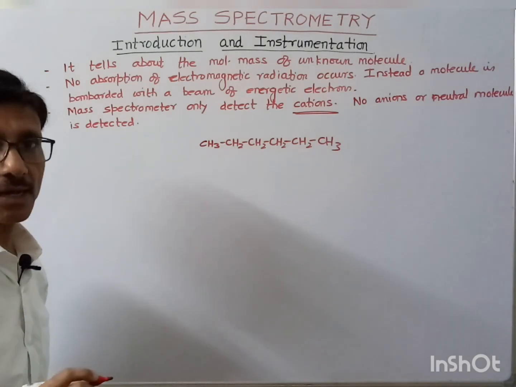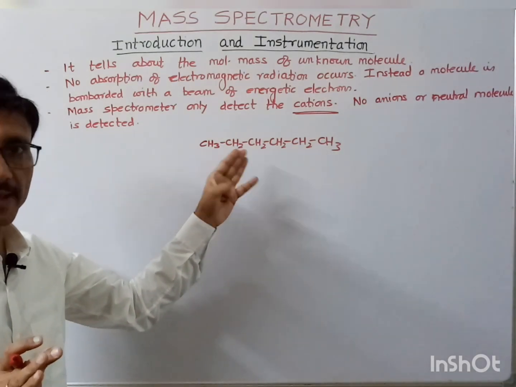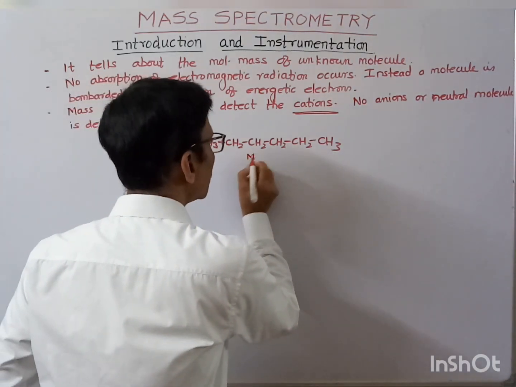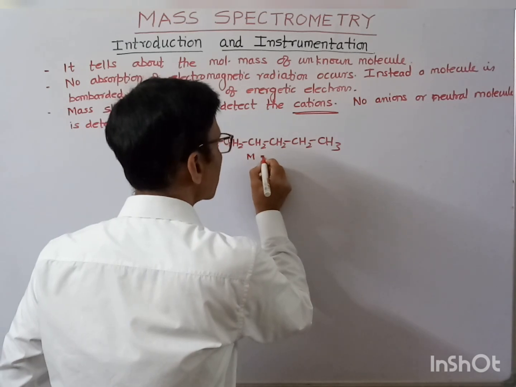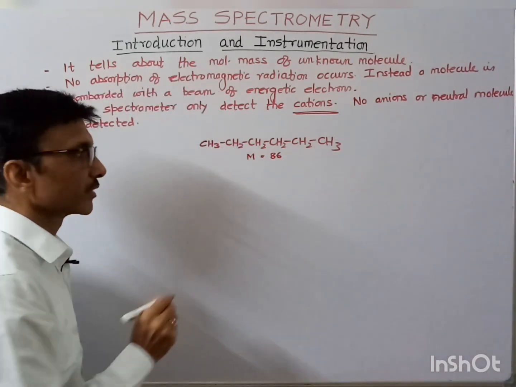Now this is hexane, our neutral molecule. First of all, as I told you, this should be converted into gaseous form. It should be vaporized, and here the molecular mass is suppose 86.